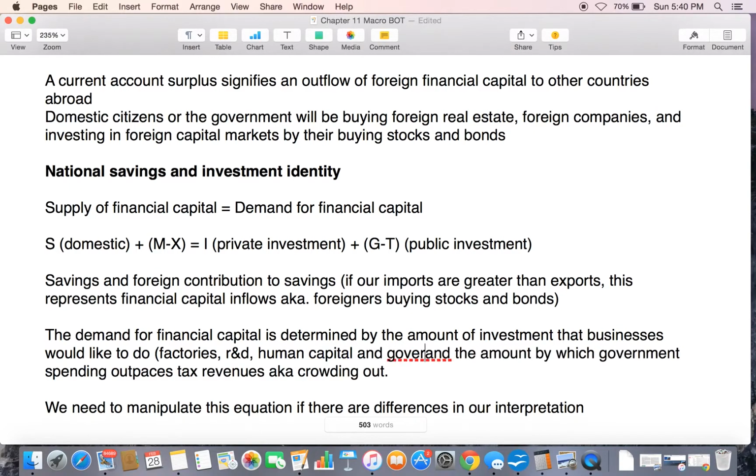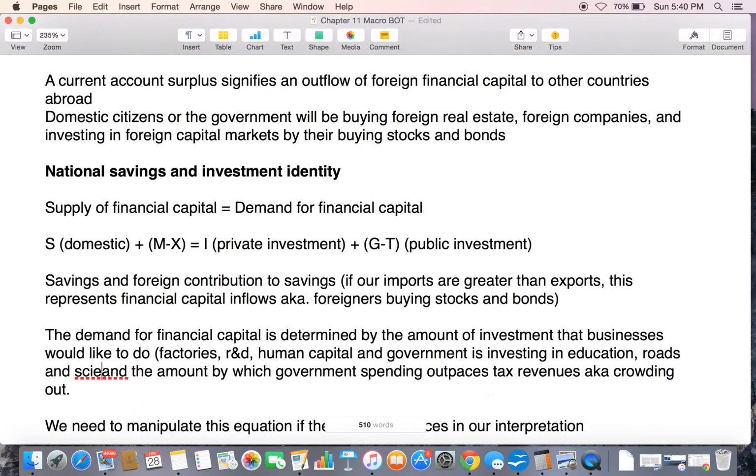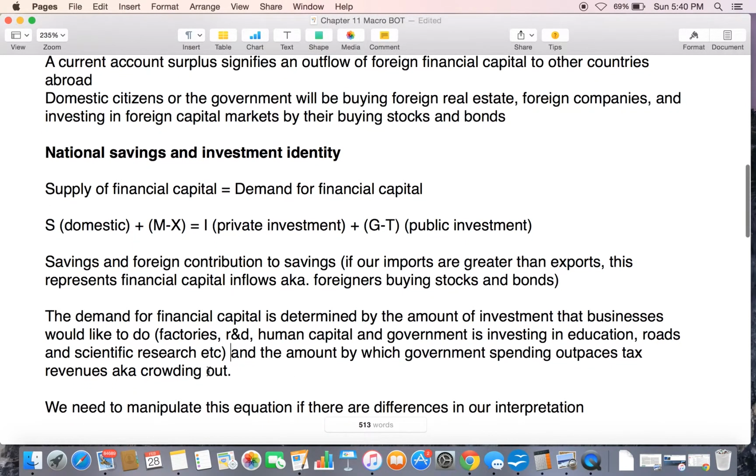And the government is investing in education and roads and scientific research, etc. So the amount of investment that's happening and the amount by which government spending outpaces tax revenues, also known as crowding out, would represent the demand for financial capital.